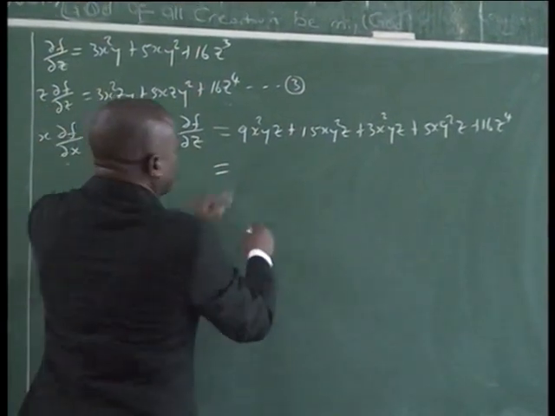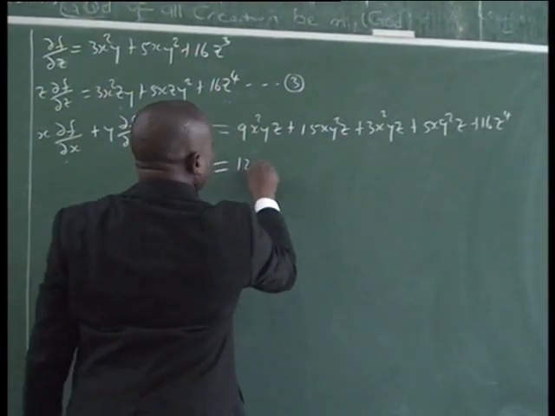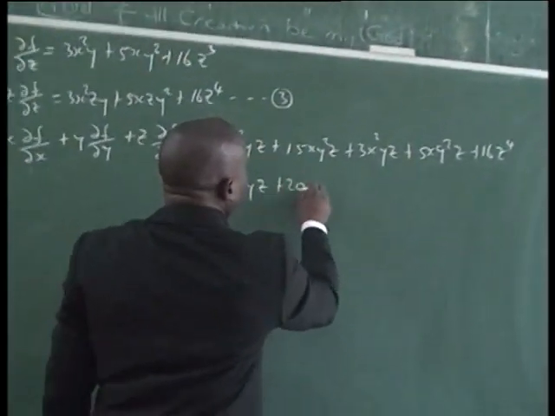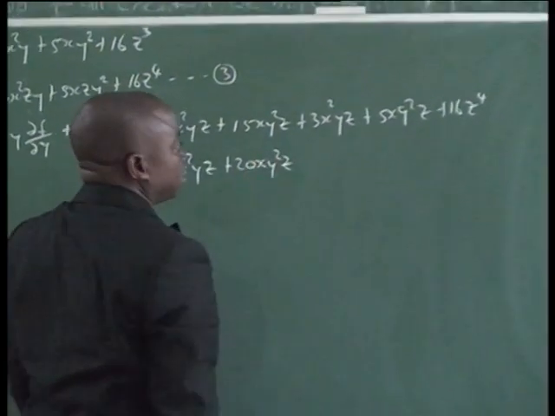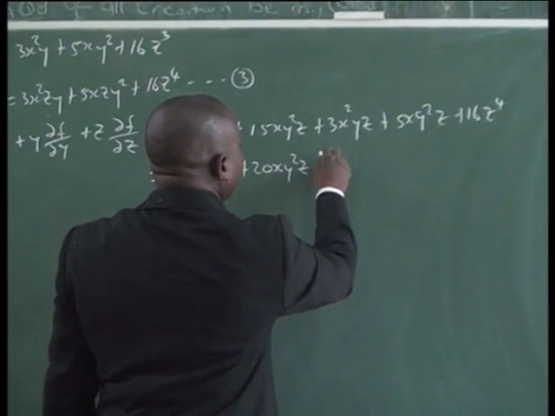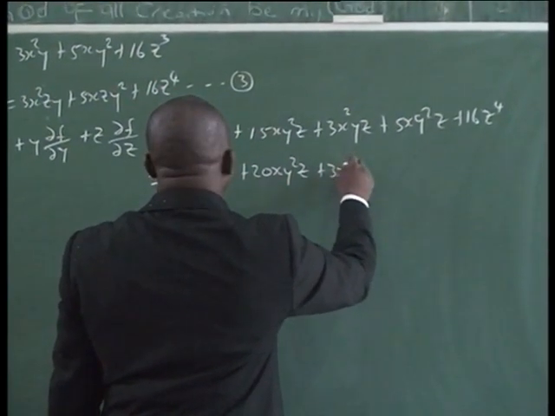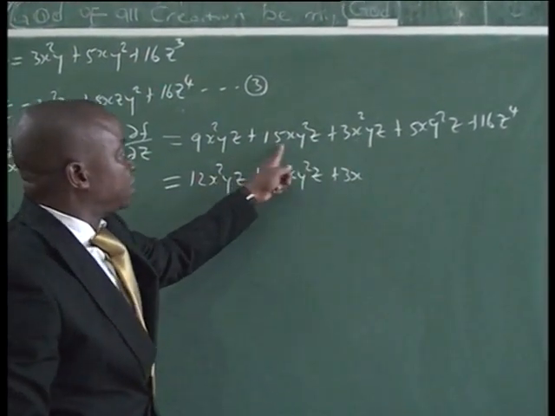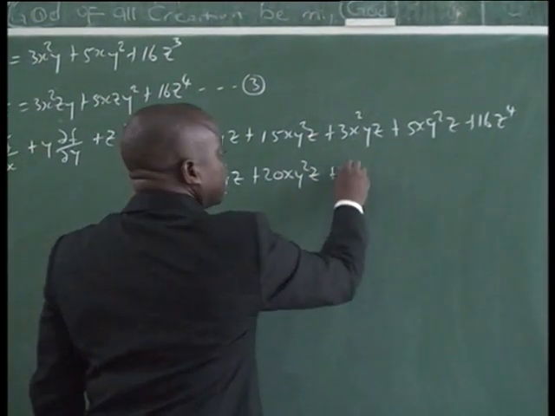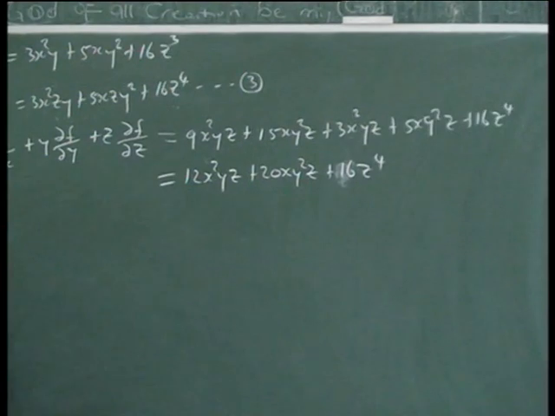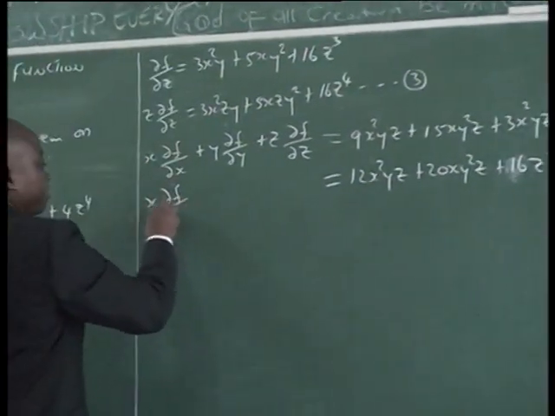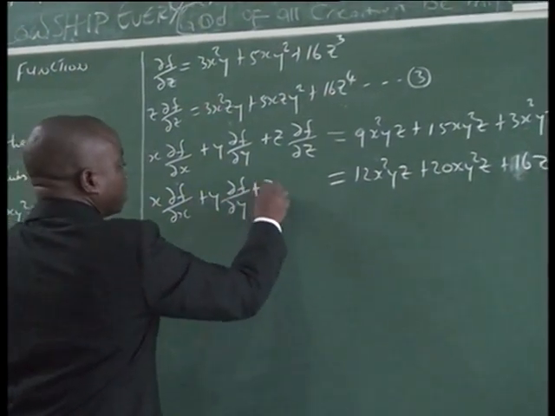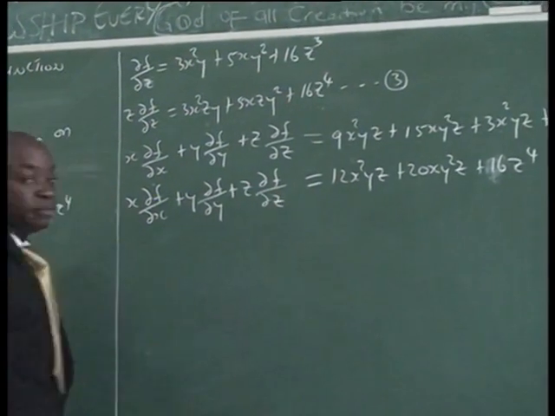And this plus this will give us 12x squared yz. Then this plus this can give us plus 20xy squared z. So we add this, we will have plus 3x squared yz. Now this plus this, we have added that, and this is also added. So we have plus 16z raised to the power 4. That is x partial f partial x plus y partial f partial y plus z partial f partial z.